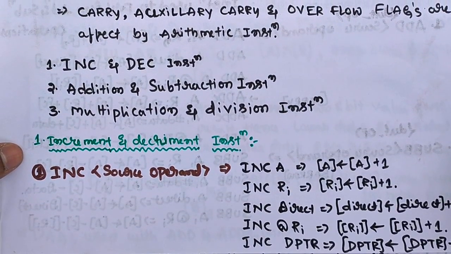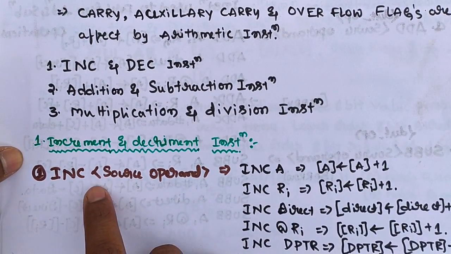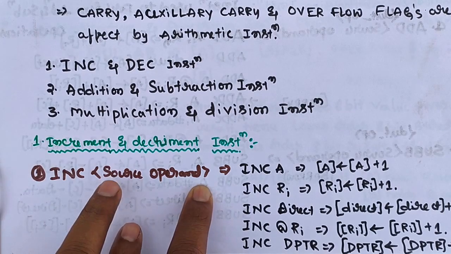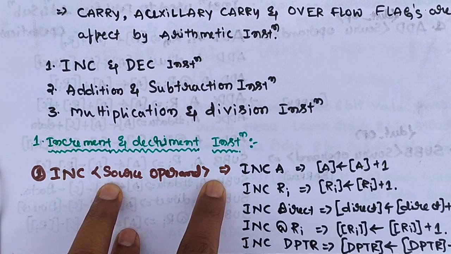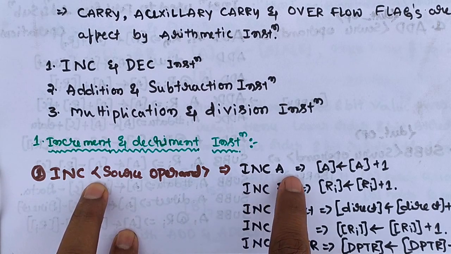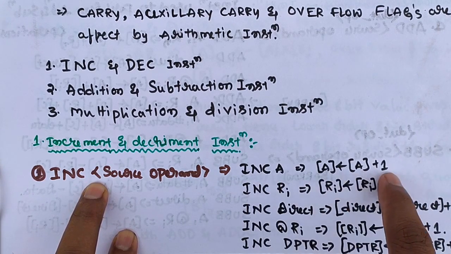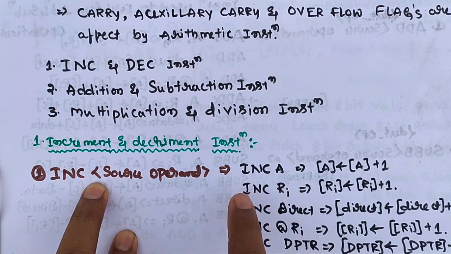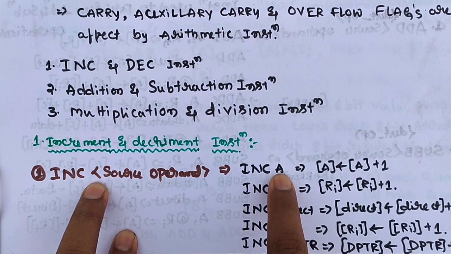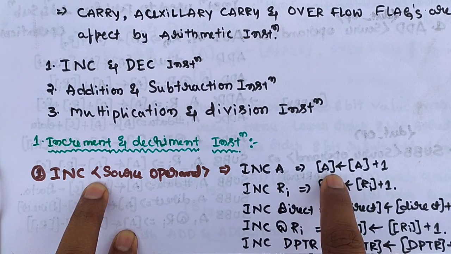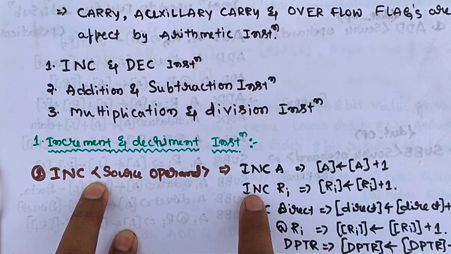So this is the format of the increment instruction: INC of the source operand. Specify which register you are going to increment. So increment A, the accumulator will get added by one, so it will get incremented. If the content of the accumulator is 2, after execution of INC A, the accumulator content will become 3, because 2 plus 1 is 3.